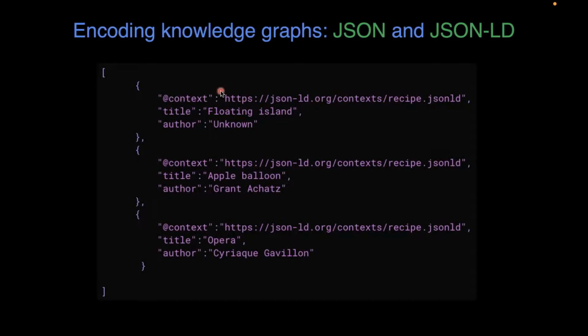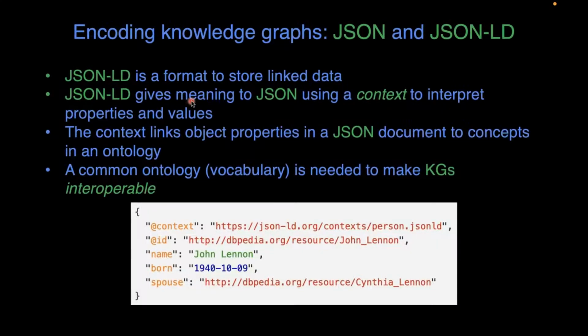So here, the problem is we don't know what this refers to. What we don't want is to have redundancy and re-specify everything, but instead we link these different pieces of information. And this is really at the heart of what a knowledge graph is about. There are different entities and they are all linked.